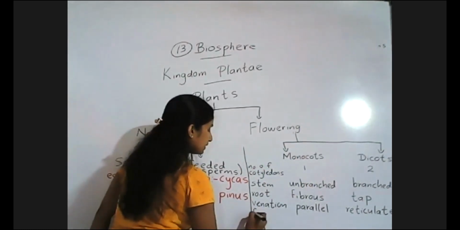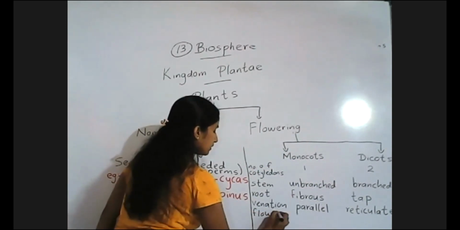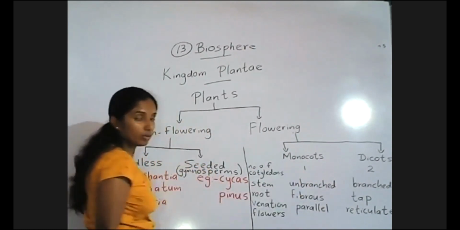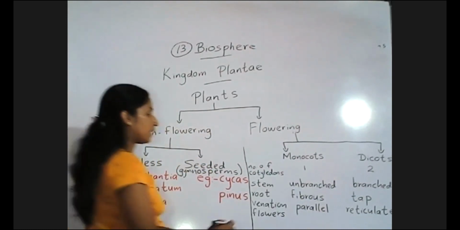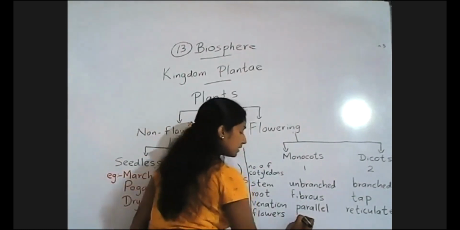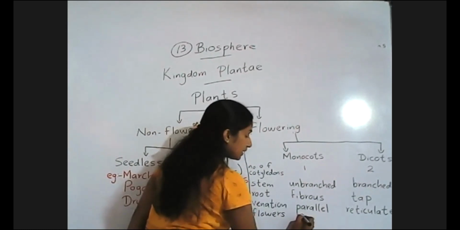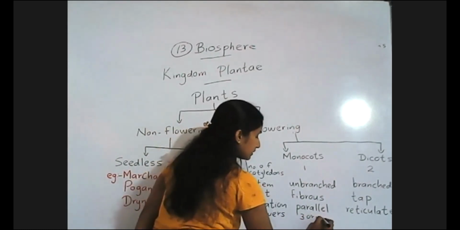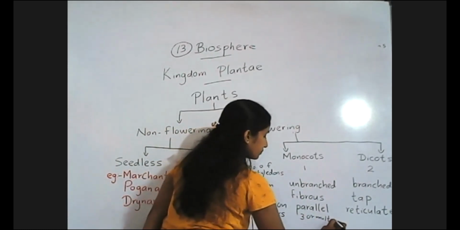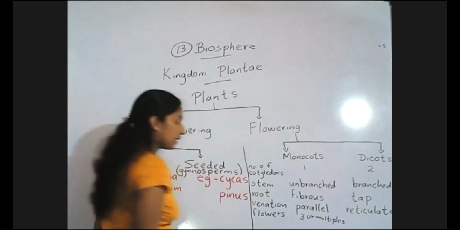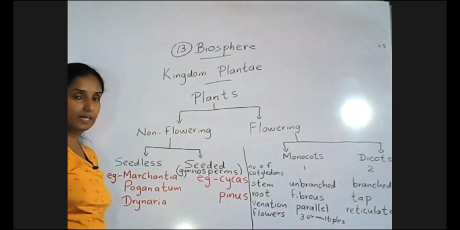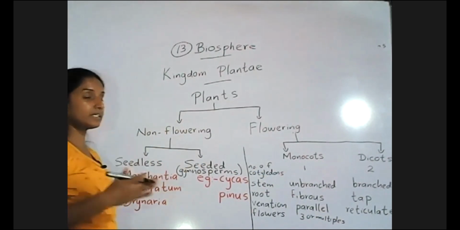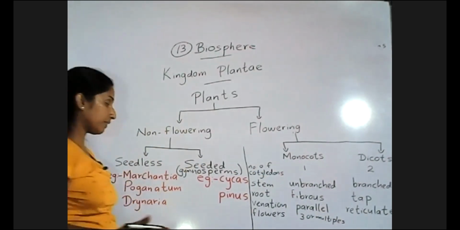When we consider the flowers in monocots, trimerous flowers are there. Trimerous means the number of petals is 3 or multiples, that means 3, 6, 9, 12, in that way.